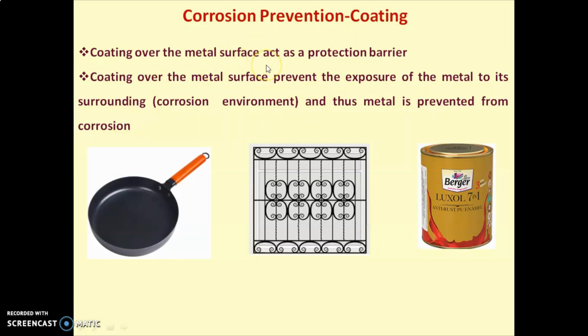So the principle behind coating is, once the metal to be protected is coated by a metal, then the coating metal, or any paint, also acts as a protection barrier between the corrosion medium and the metal, and the pure metal is not exposed to the corrosion medium, hence it is protected.